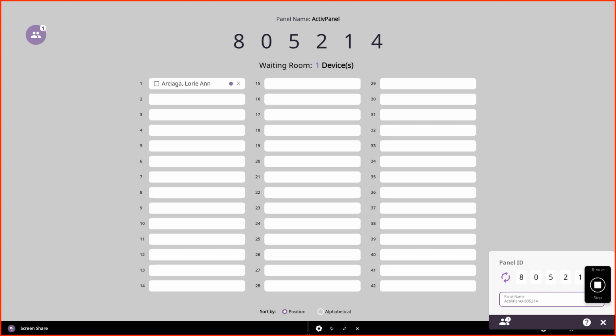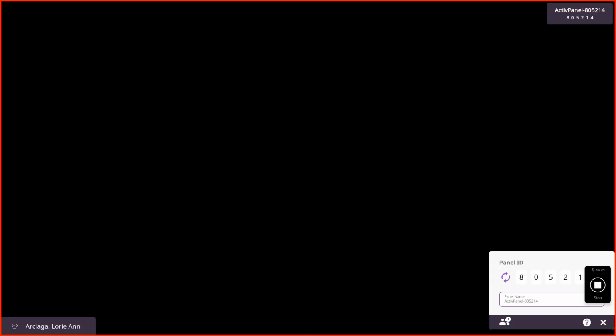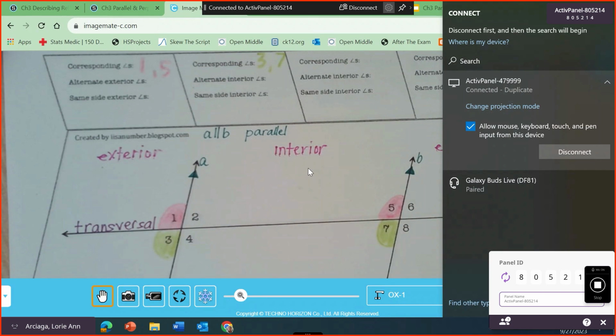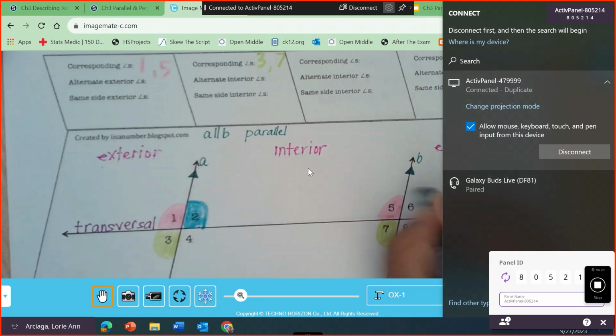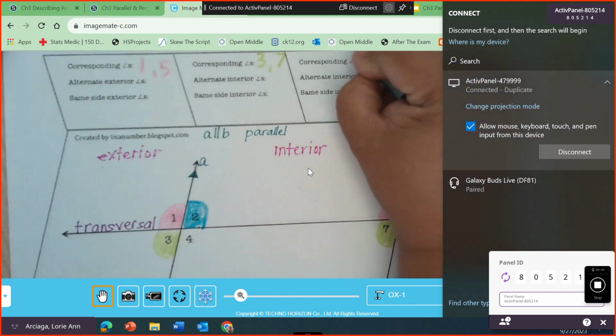Okay, so can you help me identify the other two pairs of corresponding angles? 2 and 6. All right, that's good. 2 and 6. So for 2, I just need to go to the top, and 6.